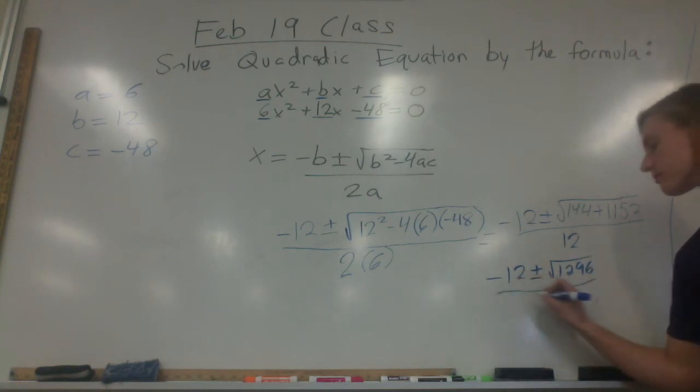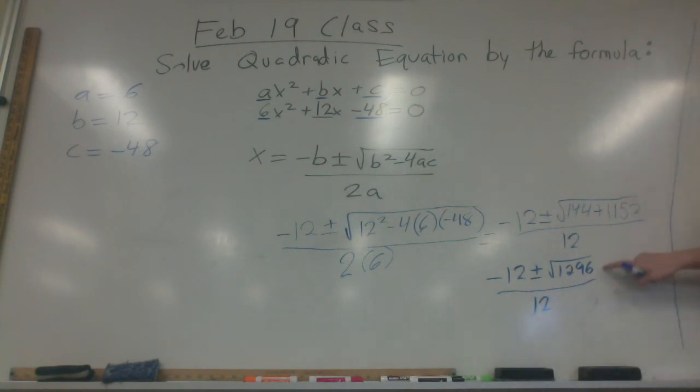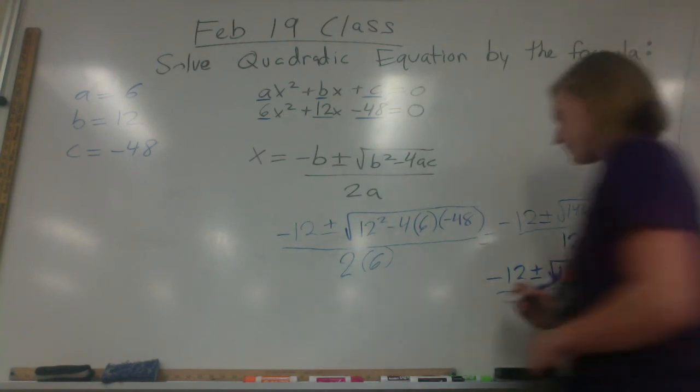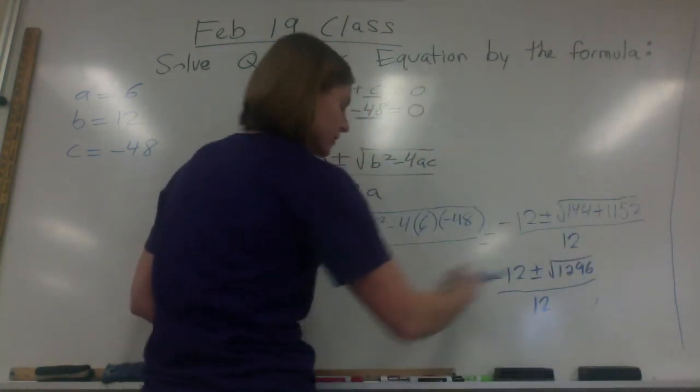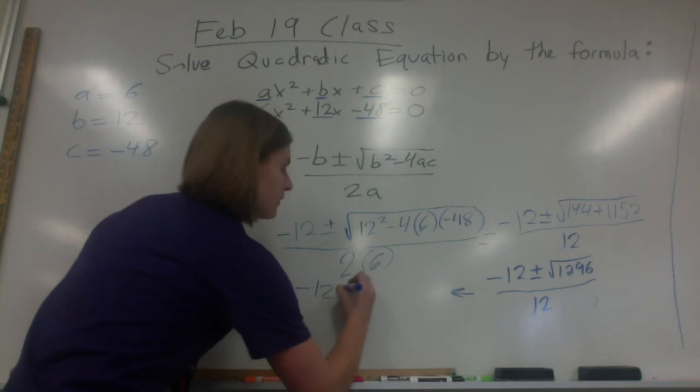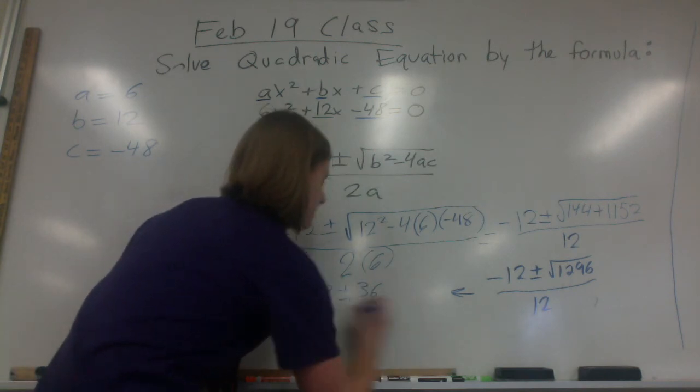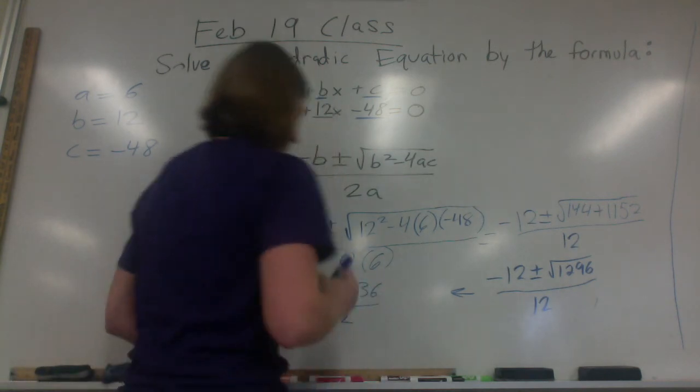Okay. Someone find out the square root of that. Are we allowed to have calculators? No, but you probably want to just shoot guess and check. 36. Okay. I have the negative 12 plus minus 36 over 12.